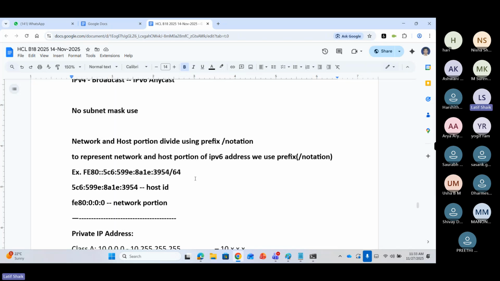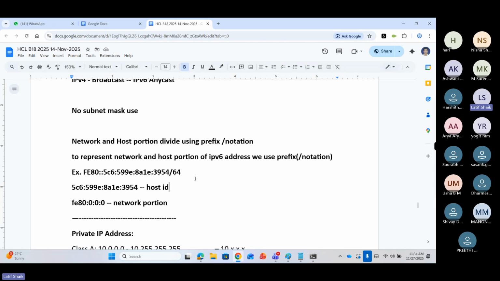You go to class A, 3 host octets, so 2 to the power of 24 minus 2, it is 16 million, 777 thousand, 214 devices we can connect in a class A network.